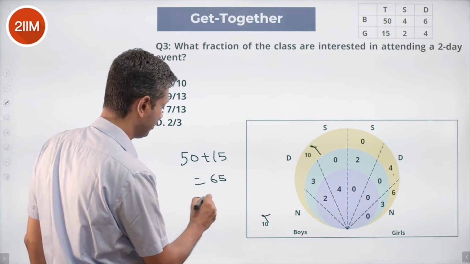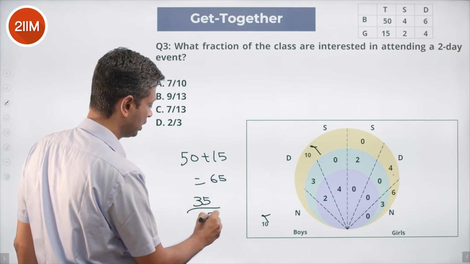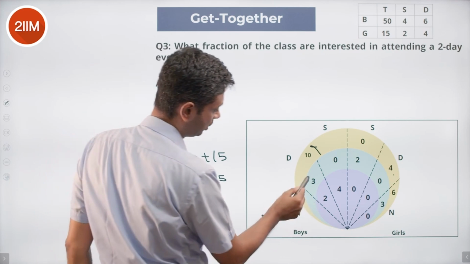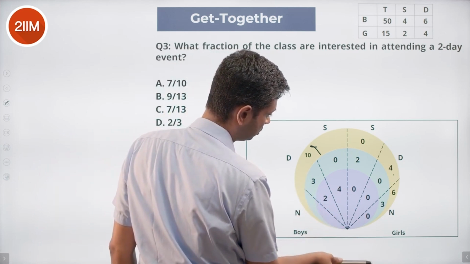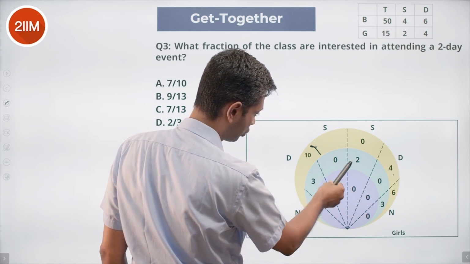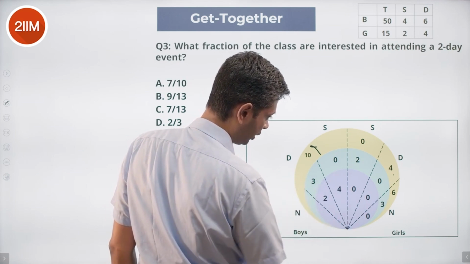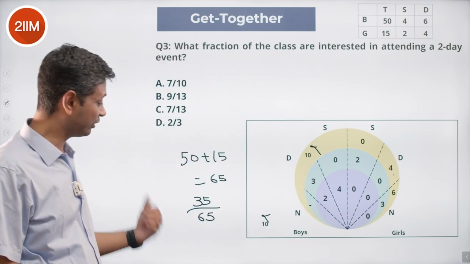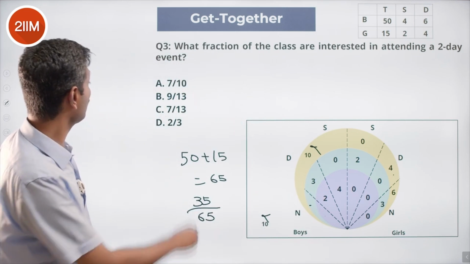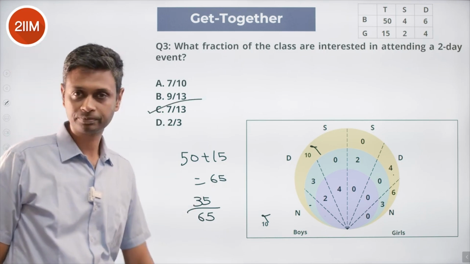So 35 by 65 are interested. So 2 plus 3, 5 plus 4, 9 plus 2, 11 plus 3, 14 plus numbers here that need to come in. So remaining is 35, 35 by 65, 7 by 13, done.